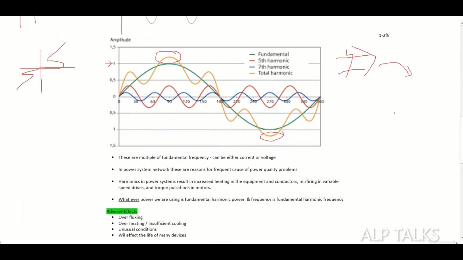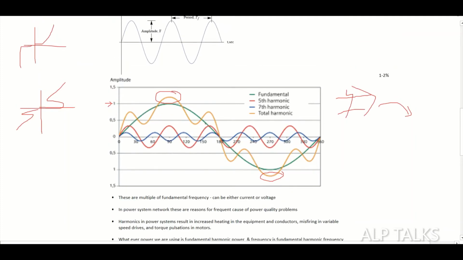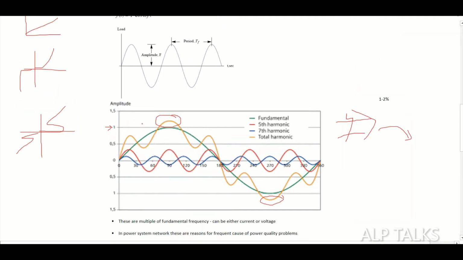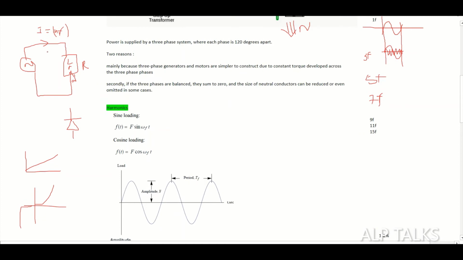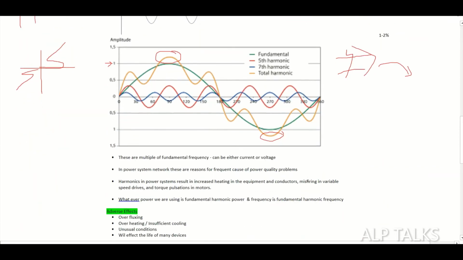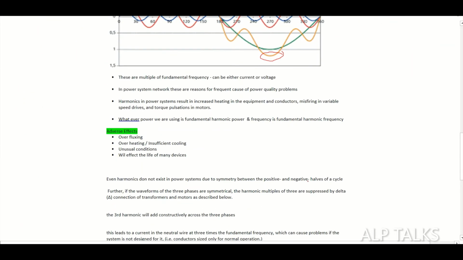So for many industries, the supply should be smooth, even though it is carrying a harmonic load, whatever I drew here. Even though it is carrying harmonic current, the final output should be smooth. For that, there are various techniques. Those we will discuss in our subsequent sessions also.